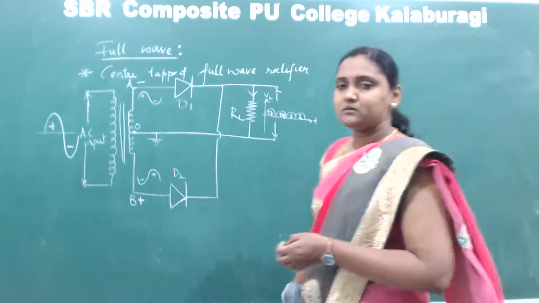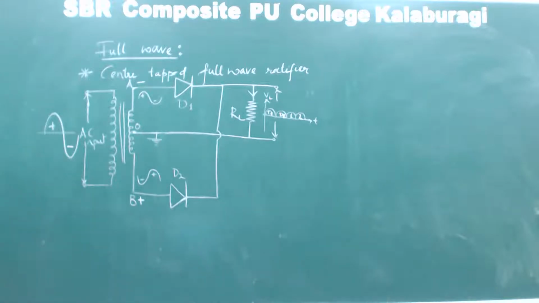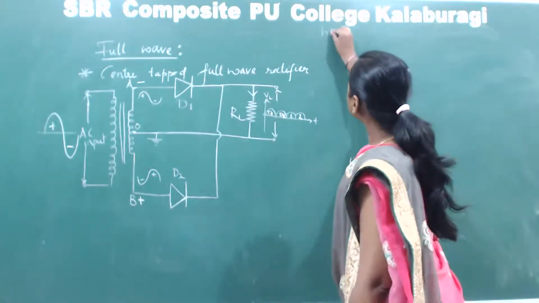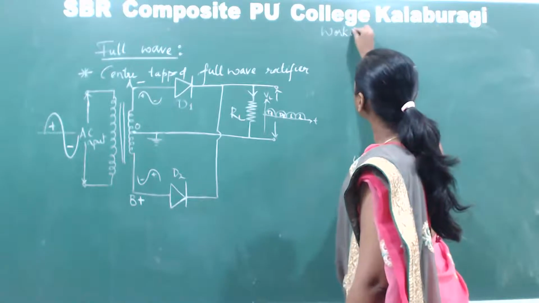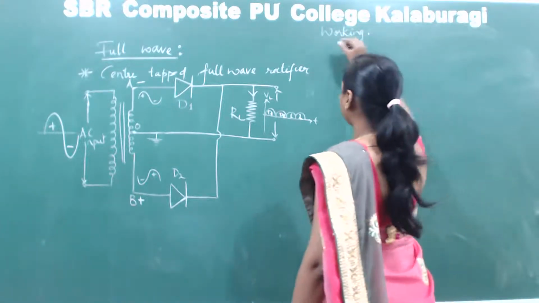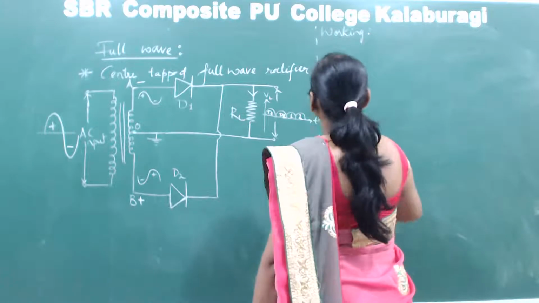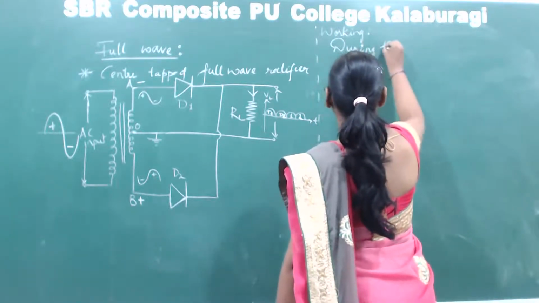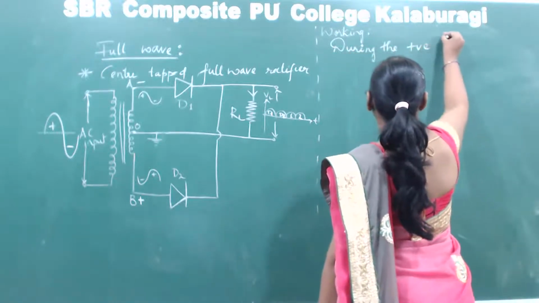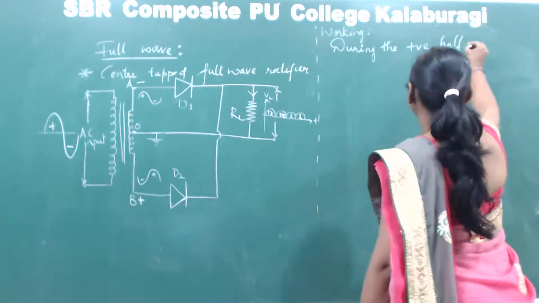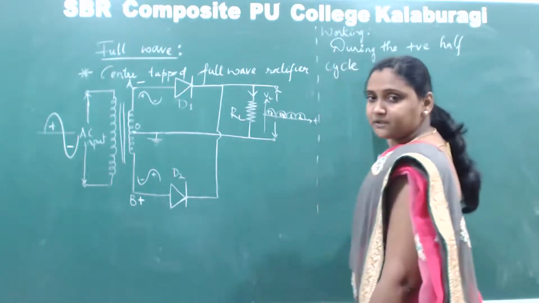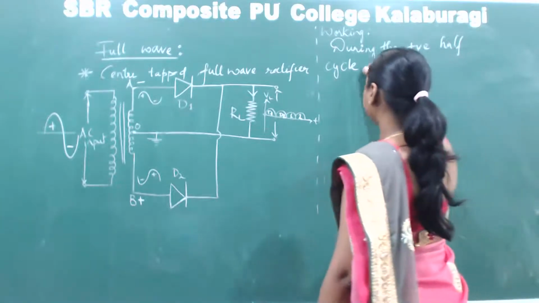So now I am going to guide the working of the center tapped full wave rectifier. First of all, during the positive half cycle, what happens?